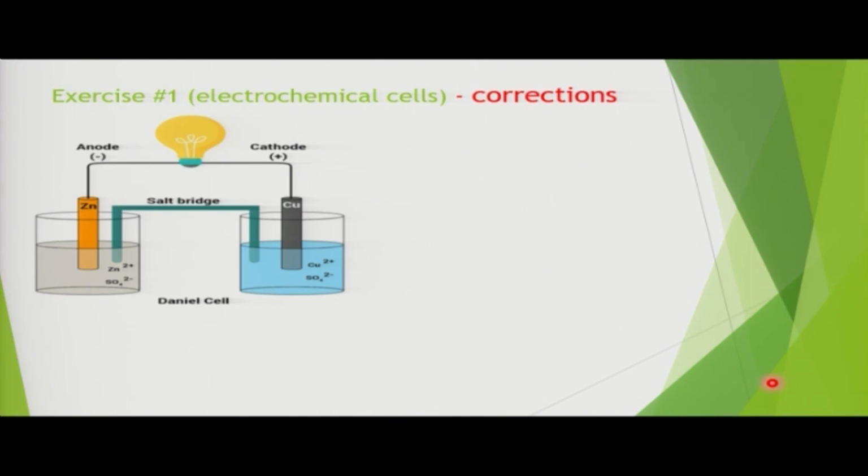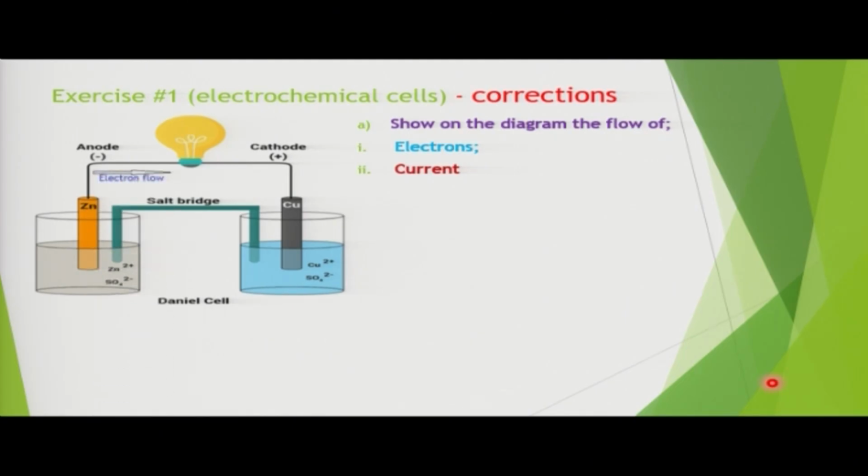So, the corrections to this exercise. Part A was: show on the diagram the flow of electrons and the current. I believe you did, and if you attempted it, now it's time we correct our answers.